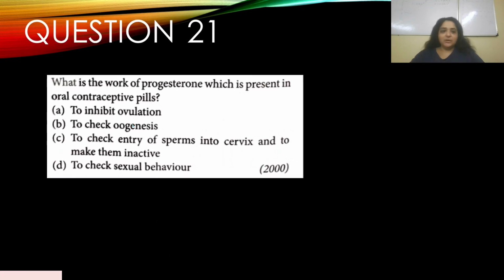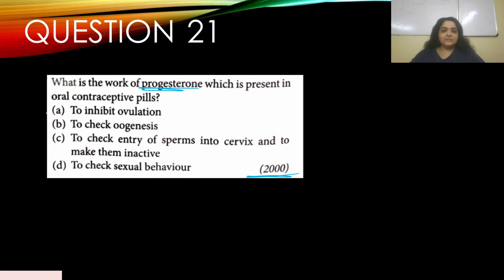Question number 21. What is the work of progesterone which is present in oral contraceptive pills? This appeared in 2000. We already discussed contraceptive pills, the combination of estrogen and progesterone. So A, to inhibit ovulation, B, to check oogenesis, C, to check entry of sperms into cervix and to make them inactive, D, to check sexual behavior.